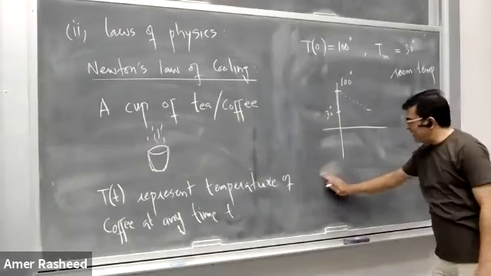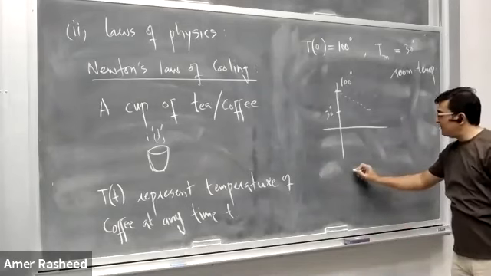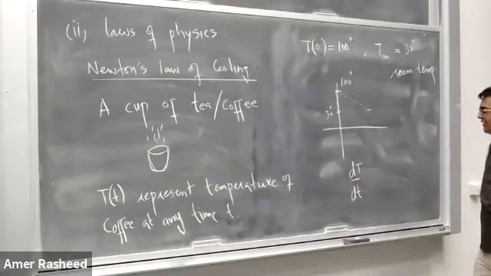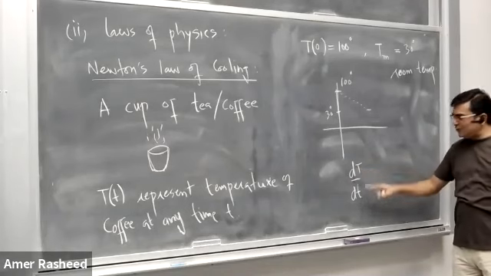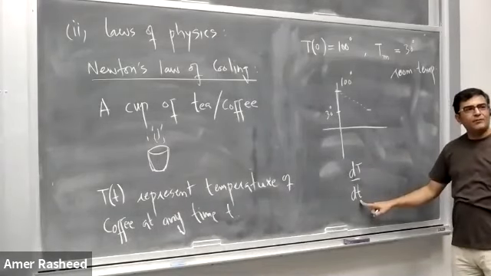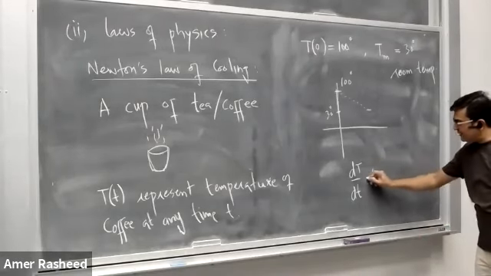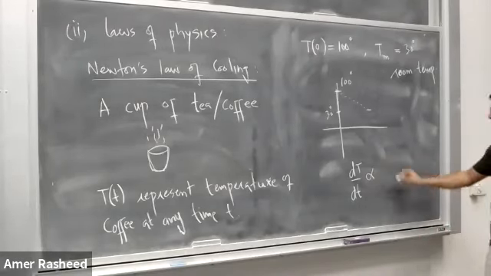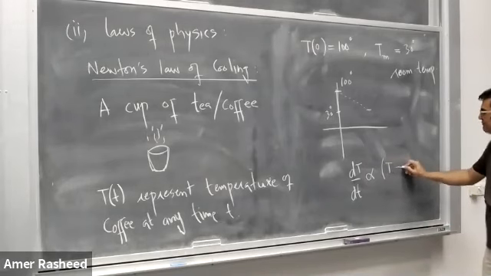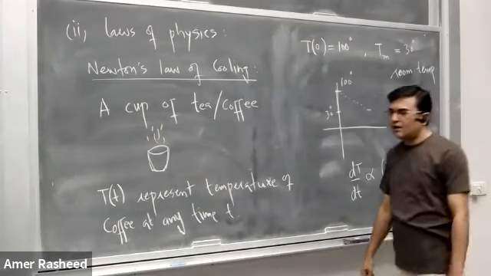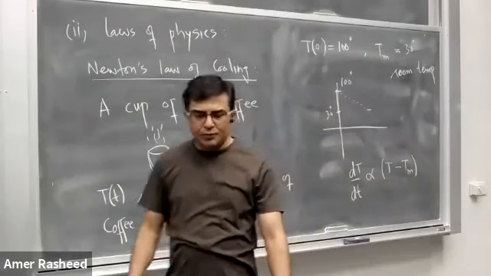That the rate of change of temperature of the coffee, dT by dt, where capital T is the temperature and small t is the time, is proportional to its current temperature minus the ambient temperature. This is what Newton proposed.